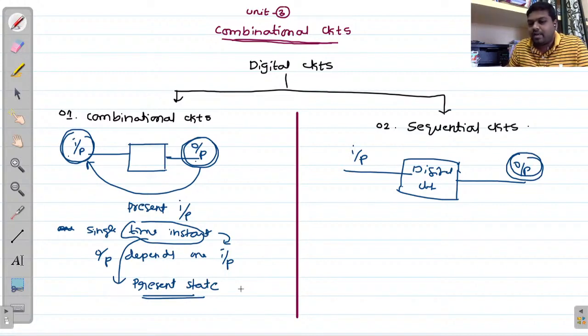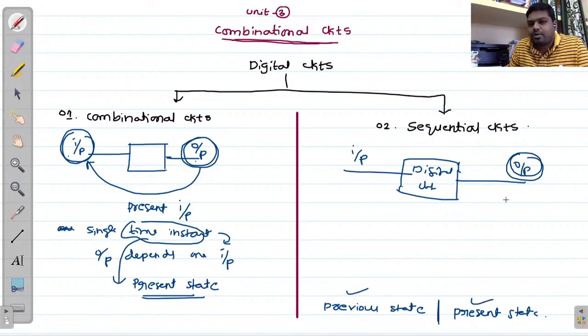Here I am getting two words: one is the previous state, and the second is present state.